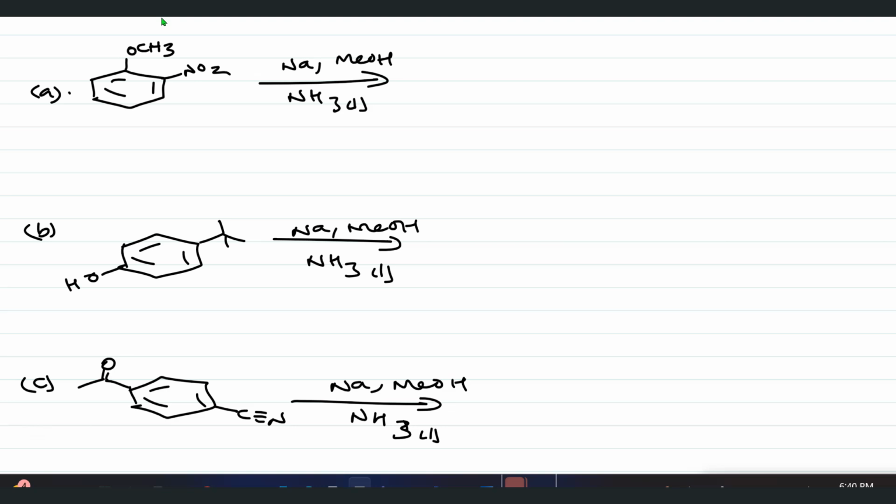So NO2 is a withdrawing group. Okay, so are you referring to this? Yeah, that's an electron withdrawing group. So they're gonna be as far away from that as it can be. Correct.